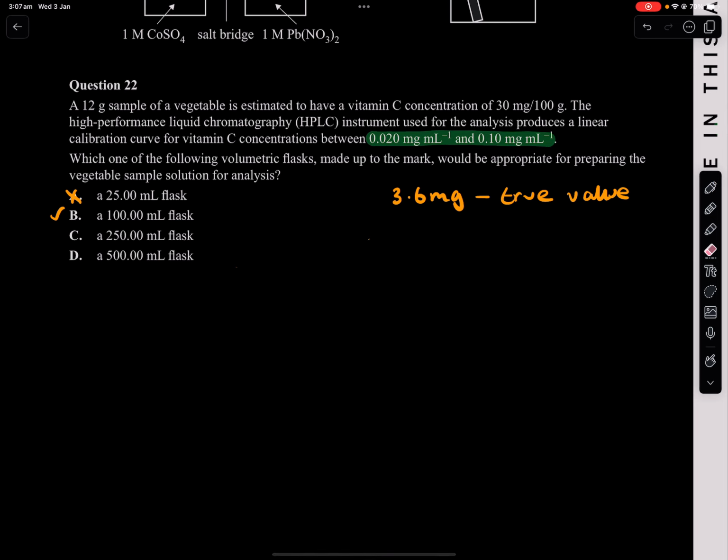The next one is a 250 milliliter flask, so imagine 0.020 milligrams per milliliter, so what's 250 times 0.020? That's 5 milligrams. I'm not going to try the other one. If this is 5, the other one's going to be greater, so this is not even between that. So C would be wrong.